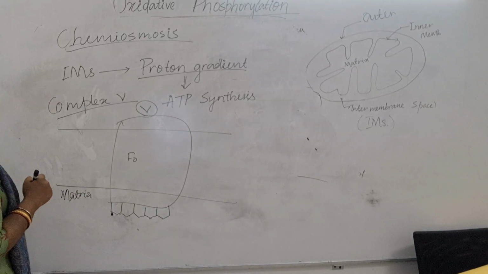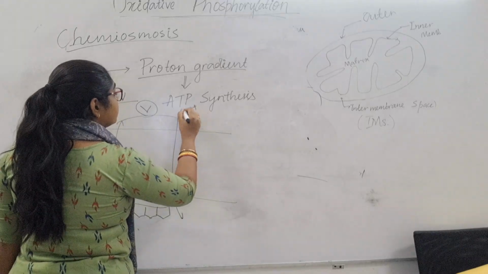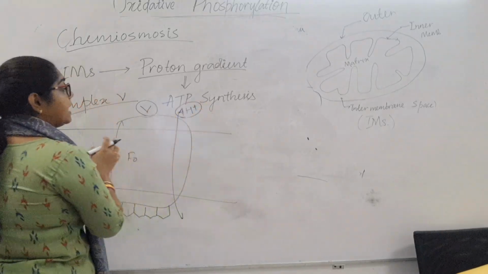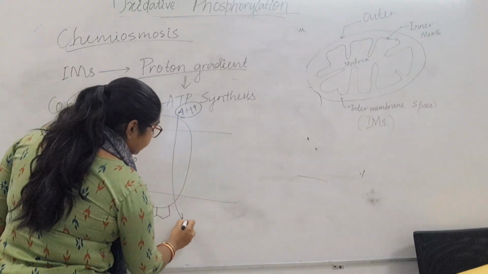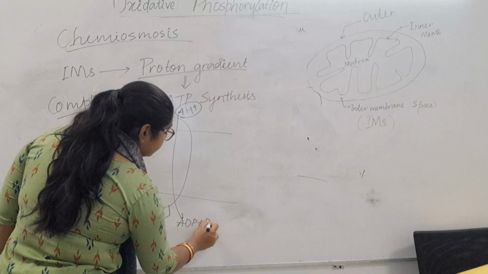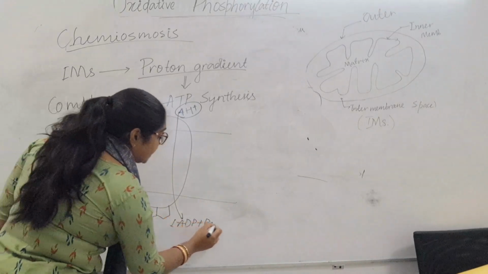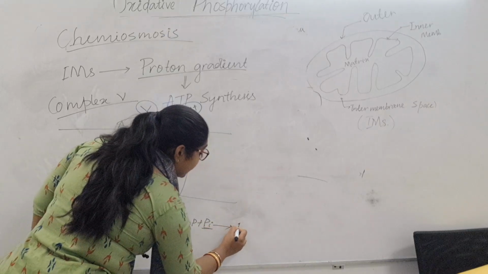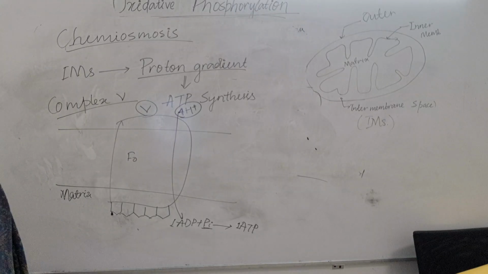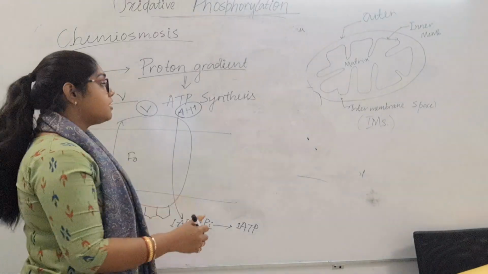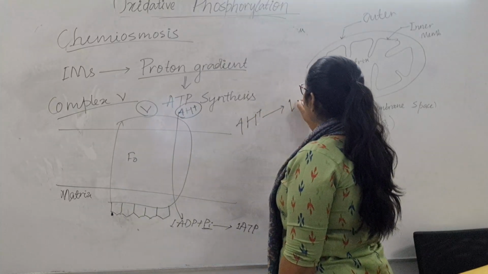So here what happens, four protons from the intermembrane space undergo phosphorylation, converting one ADP and inorganic phosphate into ATP. So in complex 5, in chemiosmosis, four protons are used to make one ATP.